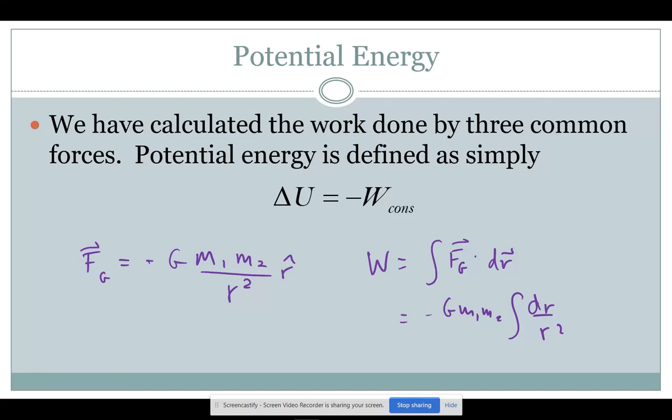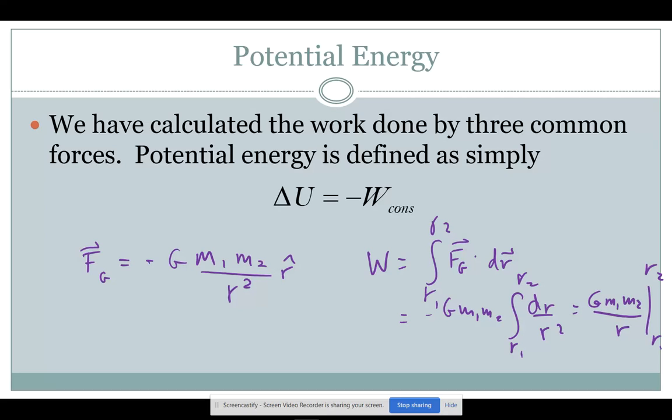And so this gives us then negative and negative makes a positive. And you're all, yay, the work is positive. Now remember, we're going from R1 to R2. So the work is G M1 M2 times 1 over R2 minus 1 over R1. But then if we want potential energy, the potential energy change is minus this.